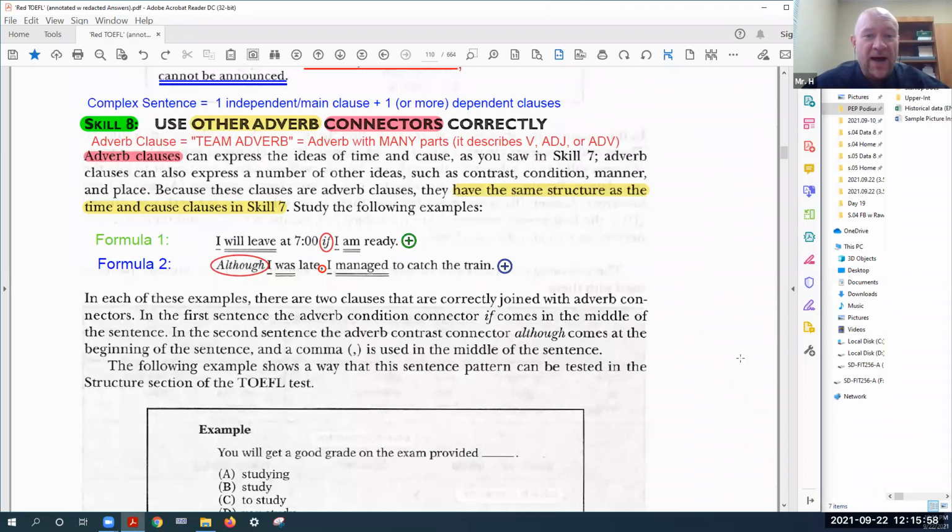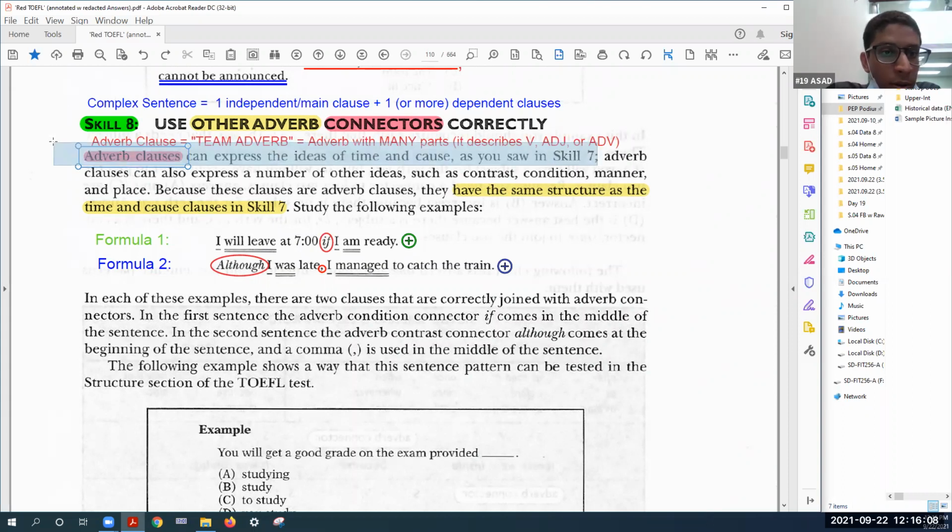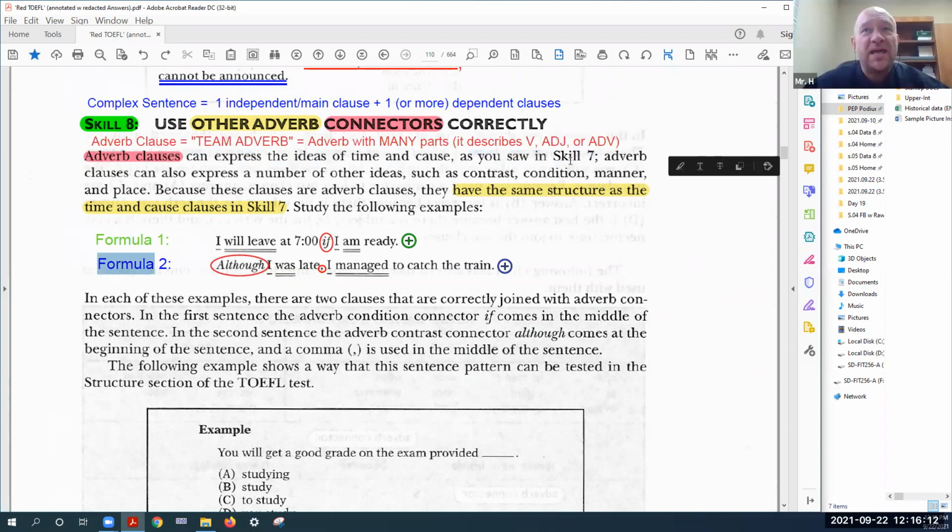Assad, can you read this? Adverb clauses can express the idea of time and cause, as you saw in skill 7. So yesterday in skill 7, we saw time connectors and cause connectors: connectors which tell you the time of something, and connectors that tell you the cause or the reason for something.